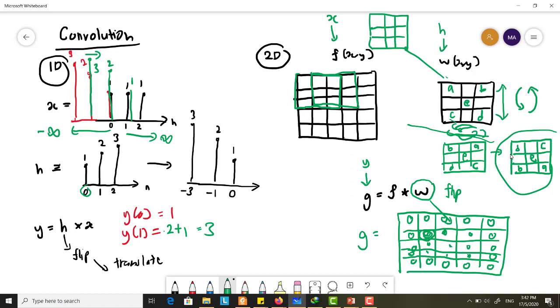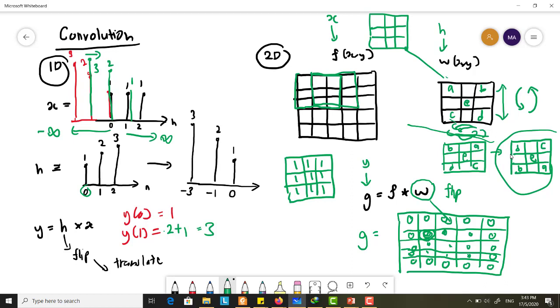In one-dimensional, the filter is not symmetrical, meaning that when you do the flip operation, this one becomes like this one. But here, this is one example of a filter in image processing. They call it an averaging filter. Every element inside this filter is equal to 1.